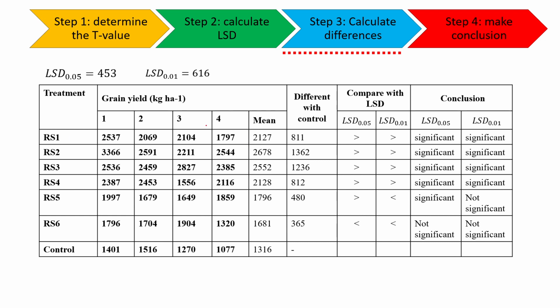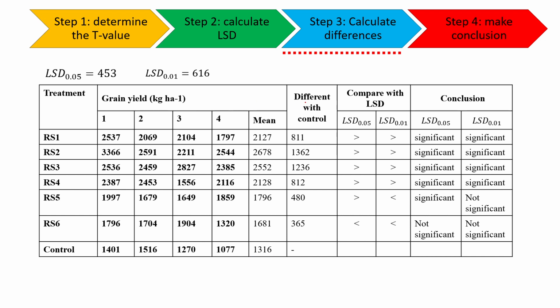So RS1 has a mean of 2,127. How do you obtain this one? That's the sum of 2537, 2069 plus 2104 plus 1797 divided by 4. So you get your mean. Calculate the mean for each treatment group over here.